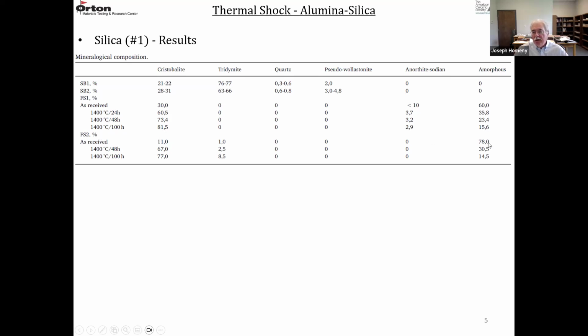So it was close to 80% amorphous. And this was the one made with the monoaluminum phosphate. So heat treatment at 48 and 100 hours, the cristobalite content increased to almost 80%, and tridymite almost 10%, and the amorphous content dropped to about 14%.